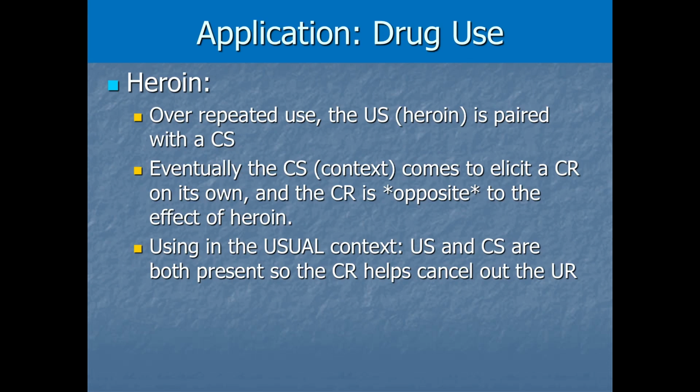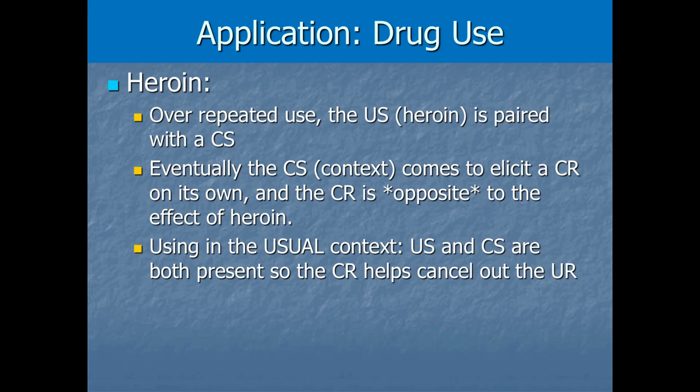Thus, an extreme dose of heroin doesn't have as extreme an effect as it would on a newbie with no learning and no conditioned stimulus to help elicit that counteractive conditioned response. That's the whole idea of tolerance. That's someone who's built tolerance to heroin, right? It takes a bigger dose to have as big of an effect because of what your body is doing prior to the injection based on the context.